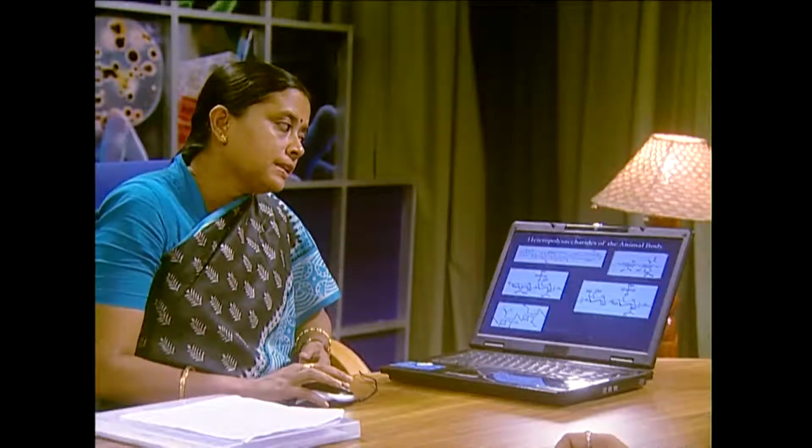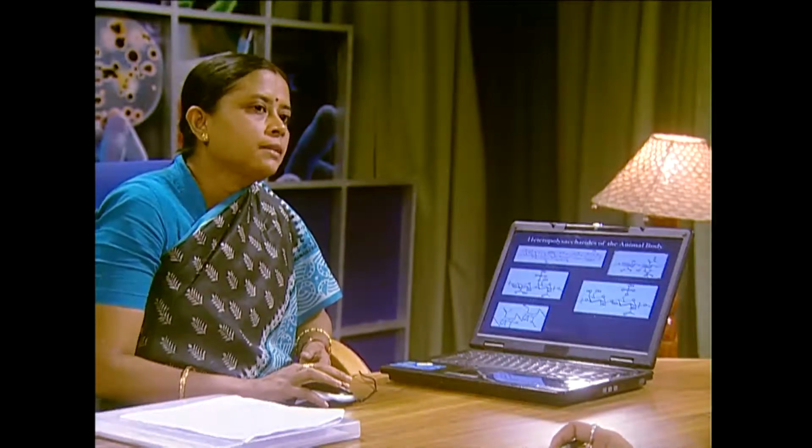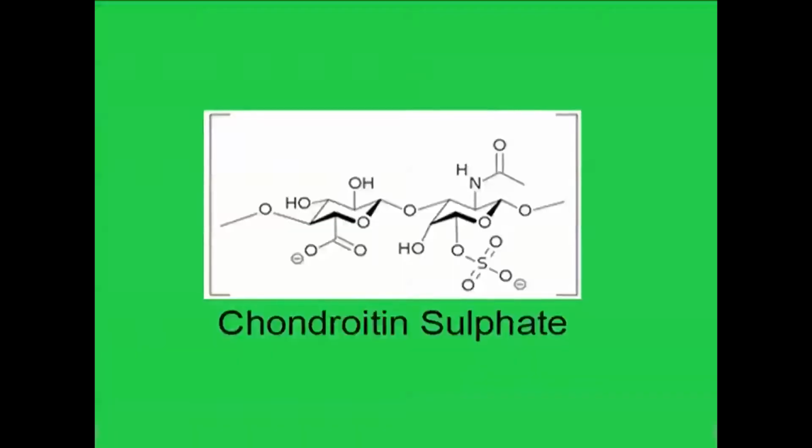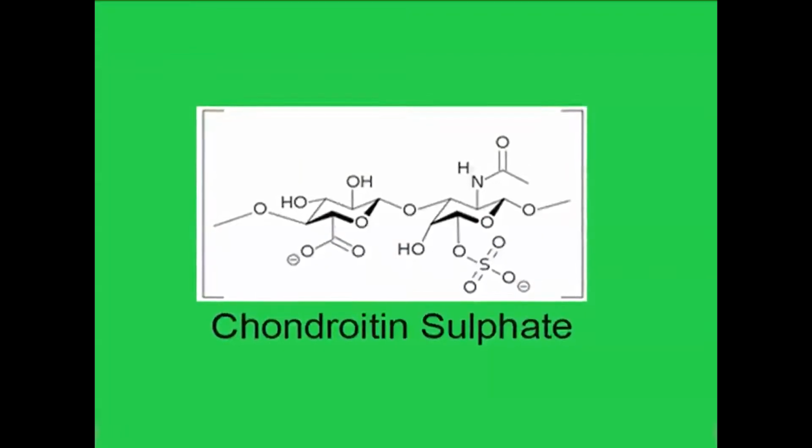In chondroitin sulfate, the N-acetyl galactosamine can be sulfated, and the position of the sulfate makes the naming different. That means chondroitin 4 sulfate or chondroitin 6 sulfate, because the carbon 4 group has been sulfated, and in 6 sulfate, the carbon 6 group has been sulfated.